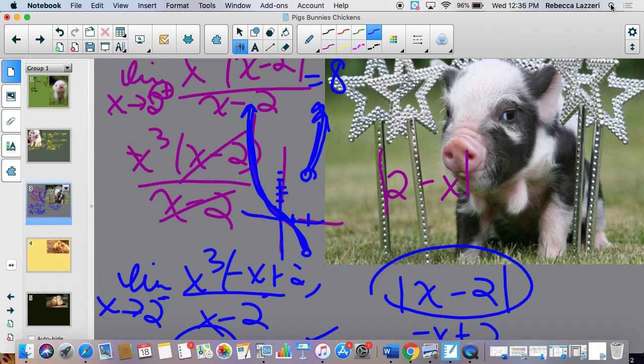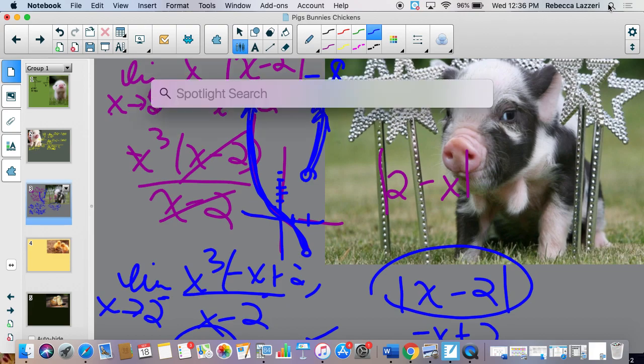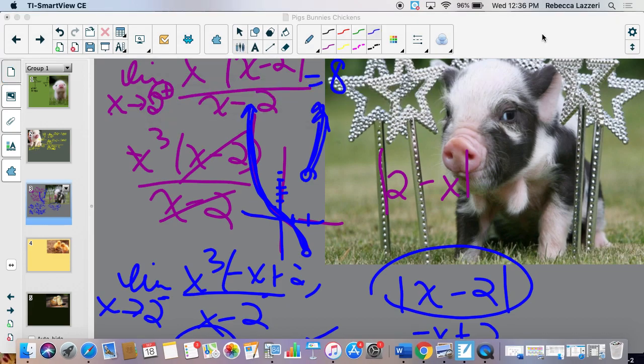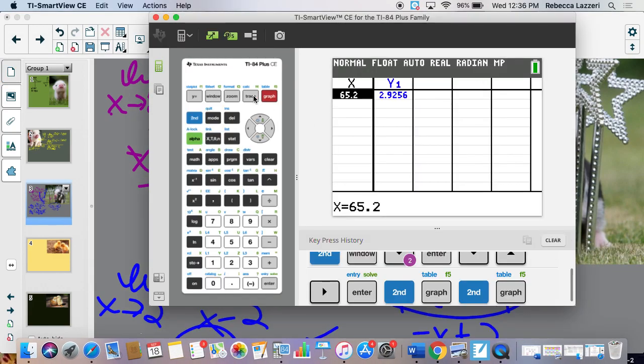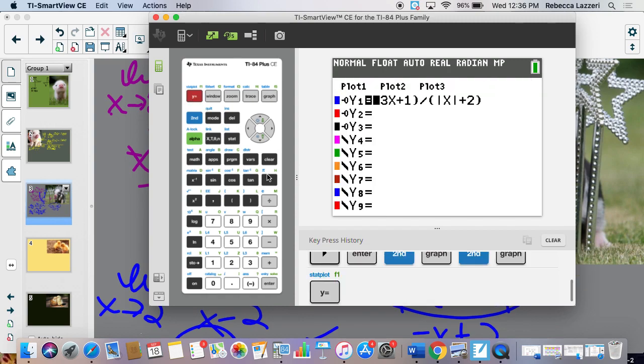Caroline, are you typing it in, or you've already done it? I have it. Yeah, it starts at negative infinity on the left side. Well, that's not okay. Let me see what's happening.